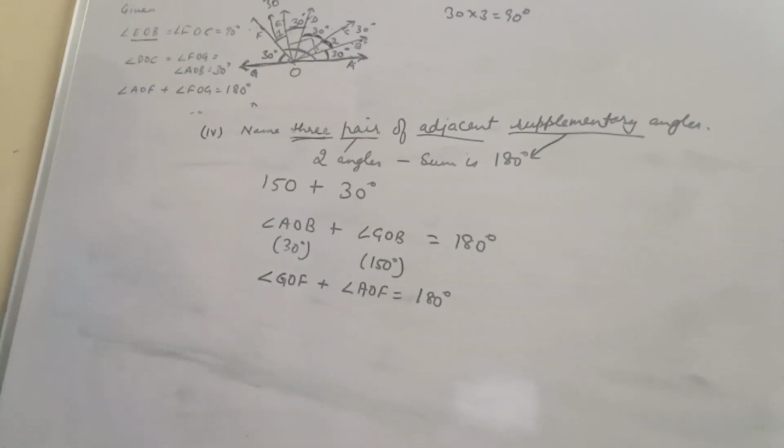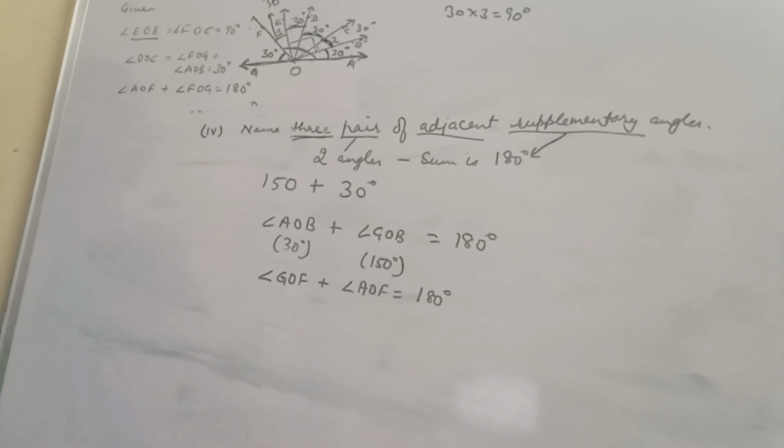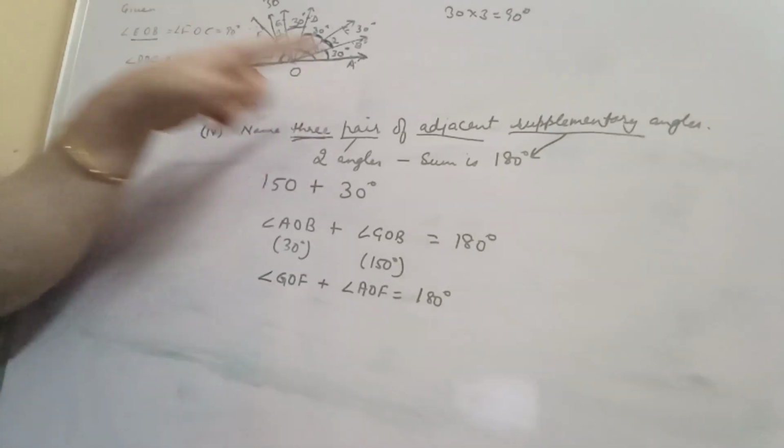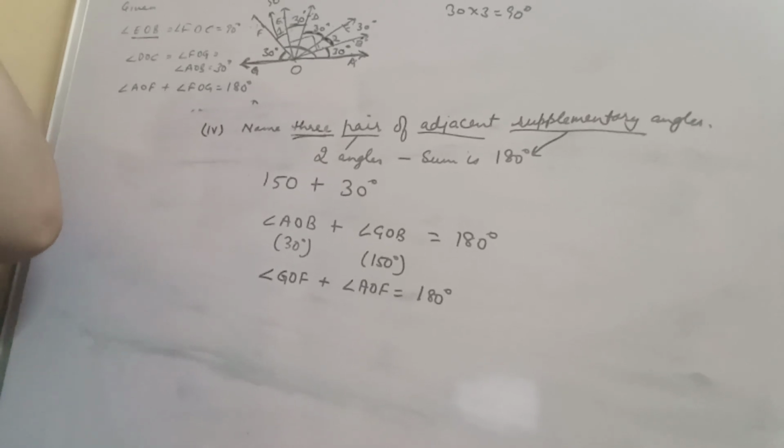So this is also a supplementary angle. So I think there would be 2 pairs of supplementary angles here, because you can have 30 plus 150, only 2 adjacent pairs would be there.